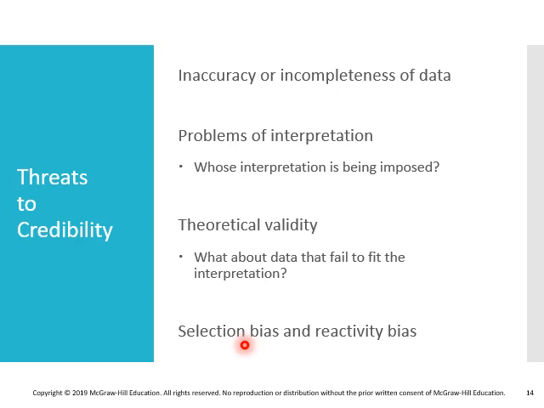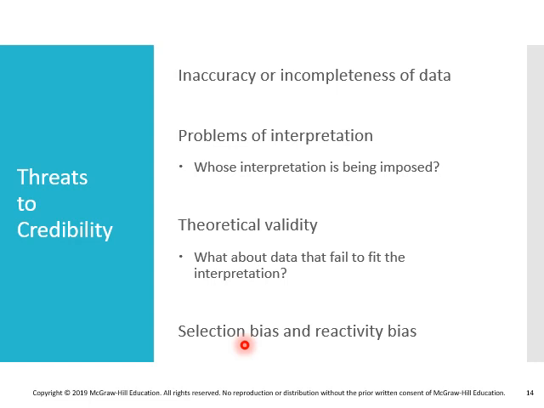There can be selection bias, meaning the researcher might be selective in choosing the data that the researcher wants to present, so that can skew the findings and will not be accurate or authentic to the data being collected.